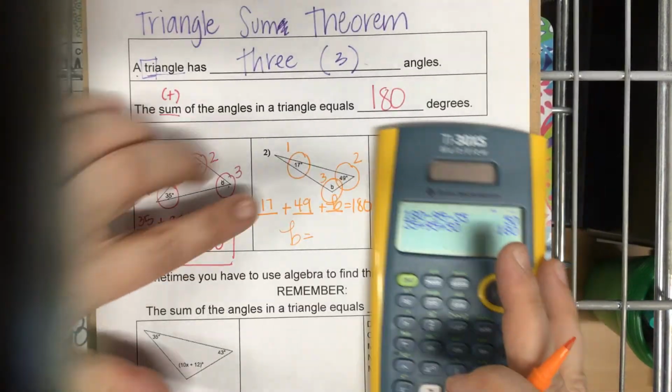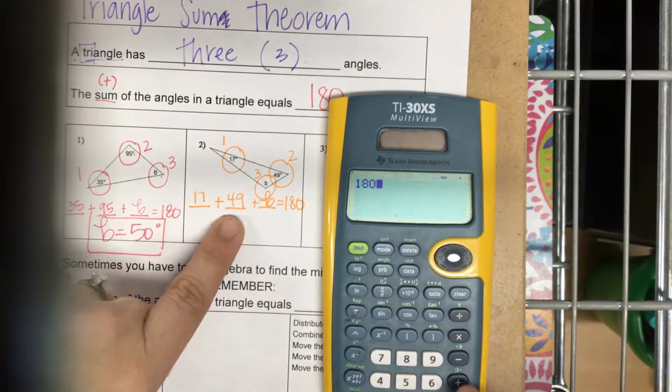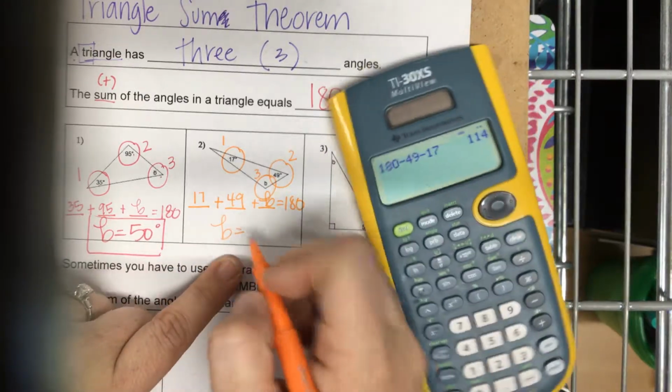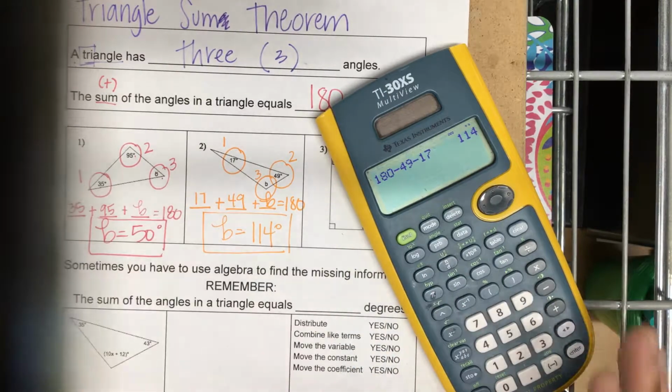I'm going to work backwards with inverse operations. I'm going to start with 180 degrees. Instead of adding 49, I'll subtract 49 and subtract 17. So angle B in this triangle is 114 degrees.